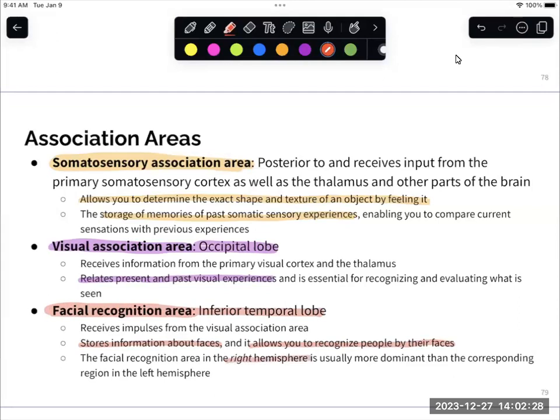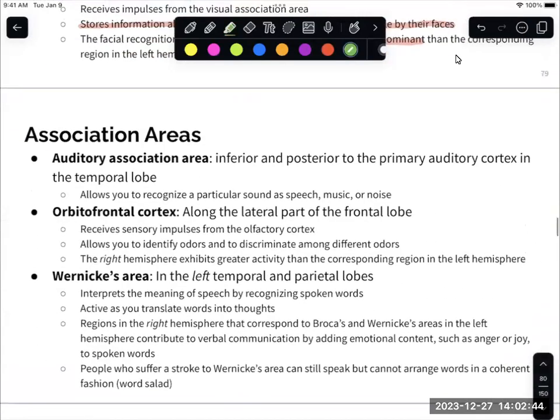That right hemisphere is usually more dominant than that left. This is why you can recognize somebody's face, but you may not always remember their name. We have a specific area that allows you to remember people's faces. We have an auditory association area, again in that temporal lobe.